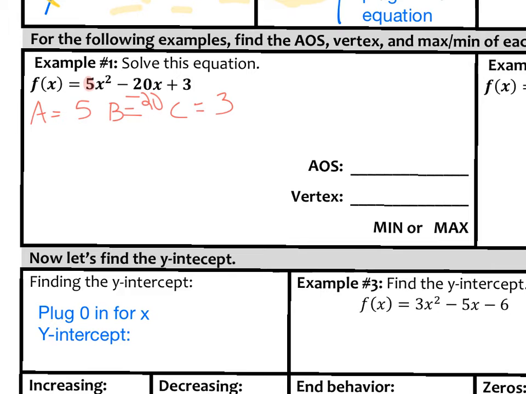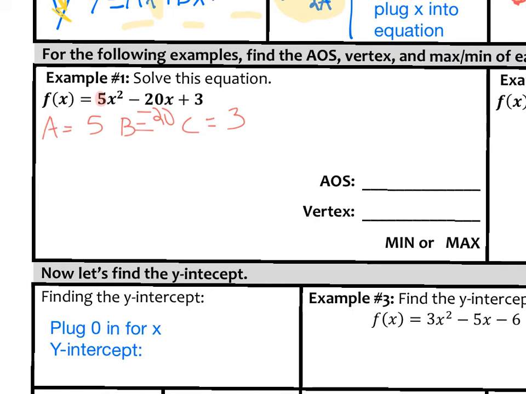Okay, so let's use that formula. x equals the opposite of b. Remember, our b value was negative 20, so we take the opposite of that, positive 20, divided by 2 times our a value, 5.